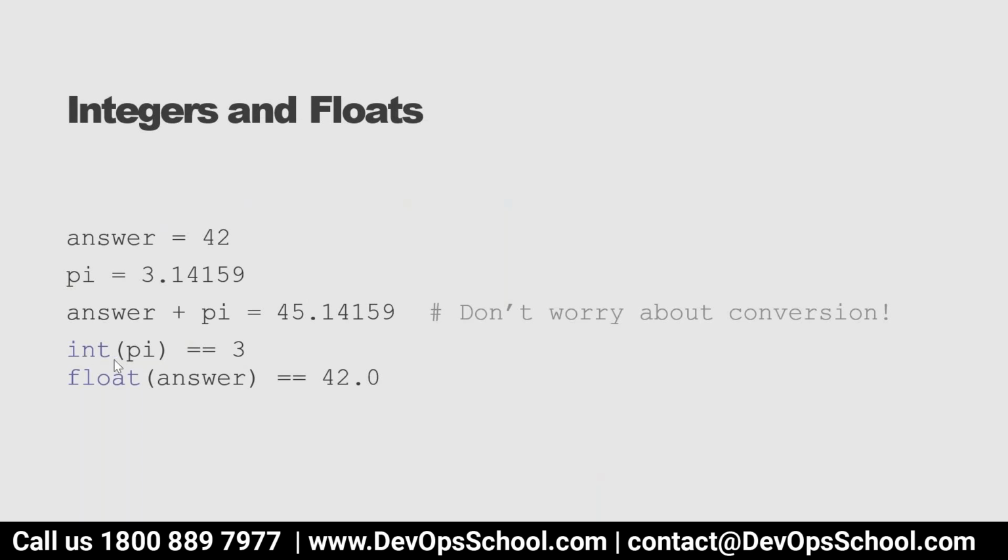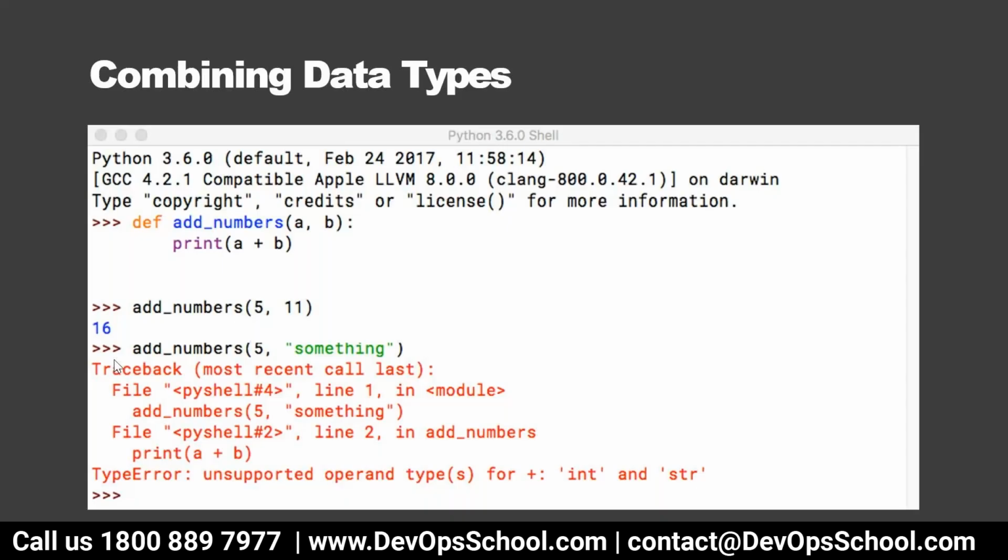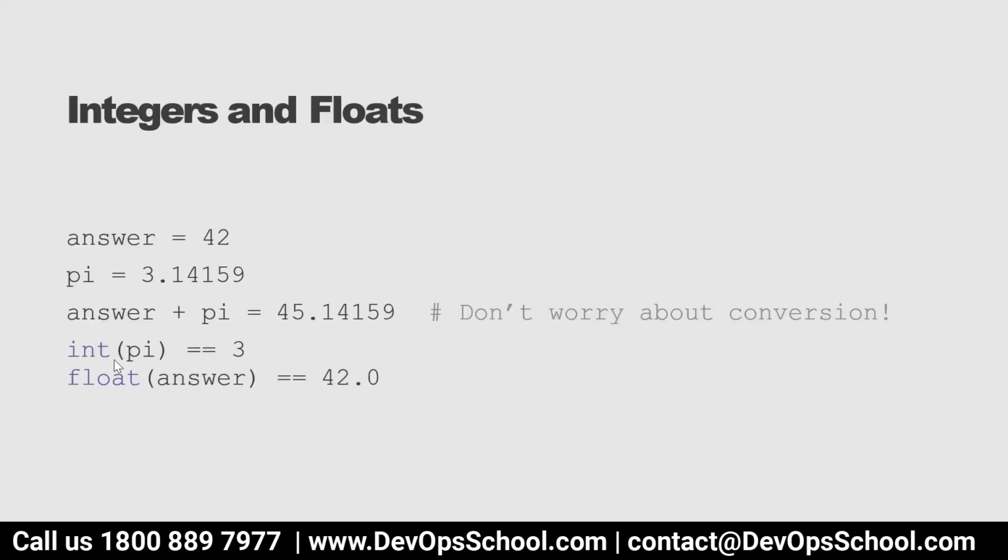If you want to hint that variable, you can specify it in the same way, only with a space and no parentheses. So int of pi means you are converting pi to an integer. Float of answer means you are converting the answer, which is a float, to a float again. So you are converting like that.